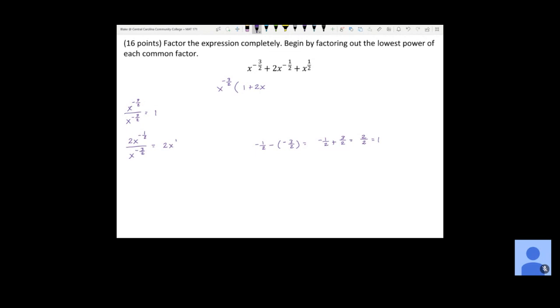All right, now let's look at the last terms. Now we have x to the 1 half over, and we're dividing out the x to the negative 3 halves. So same thing, we're going to subtract exponents again. This time we have a positive 1 half minus a negative 3 halves. Again, when we subtract that negative, it becomes addition. So 1/2 plus 3/2. And so what's that going to give us?